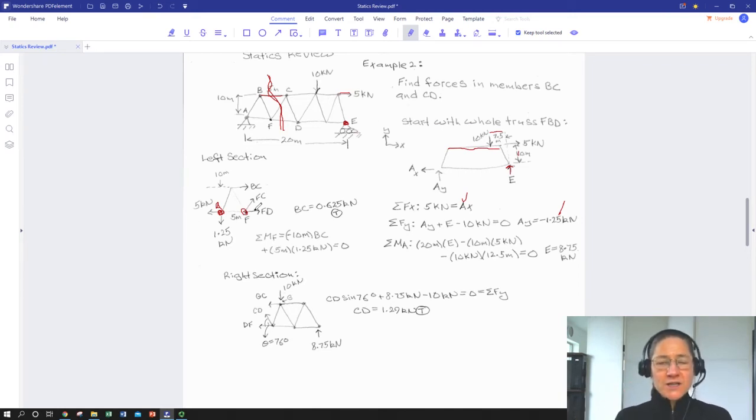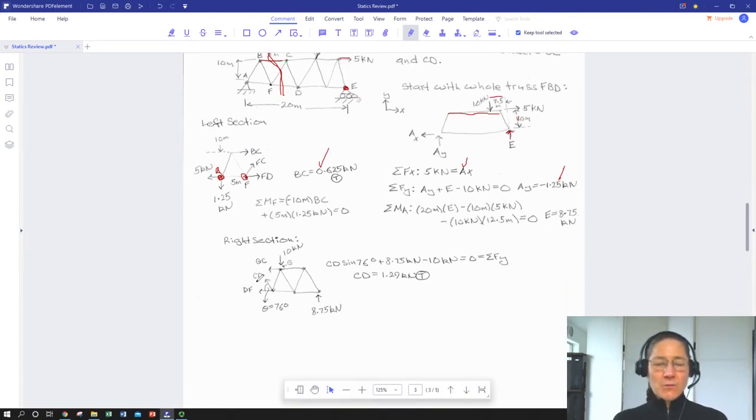So in one equation with this section, we can get the force due to BC using the sum of the moments about F. So we have BC, and then we have only the Y support reaction capable of producing moment, because the 5 kilonewtons and then FC and FD are collinear. They converge on point F. They can't produce a moment. So using that, we can get our force through member BC.